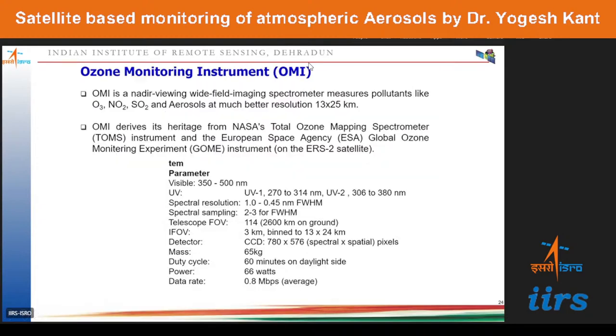The Ozone Monitoring Instrument, also known as OMI, is another sensor which measures not only pollutants, that is the trace gases ozone, NO2, SO2, but also the aerosols. This is at a resolution of 13 by 25 kilometers. So these are all the Earth observation satellites.